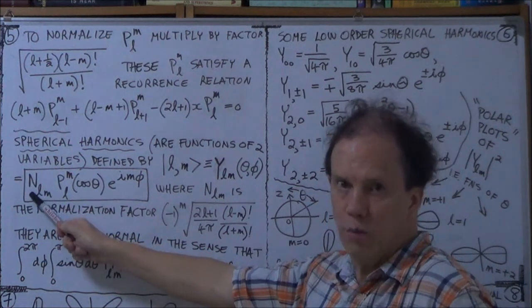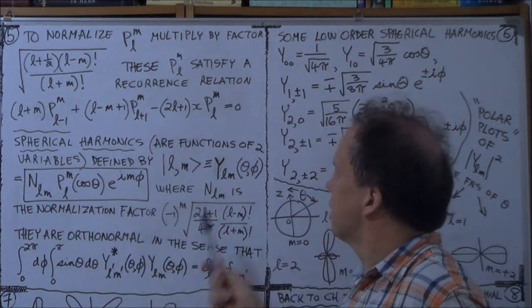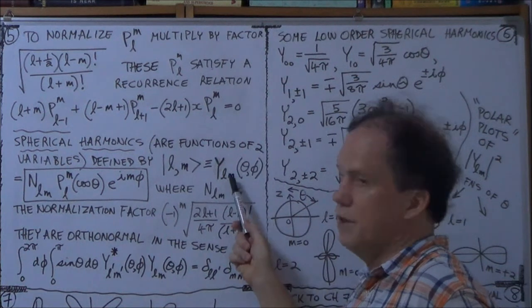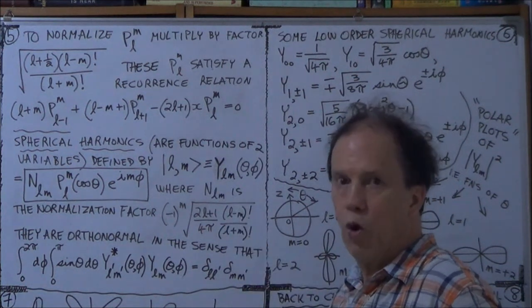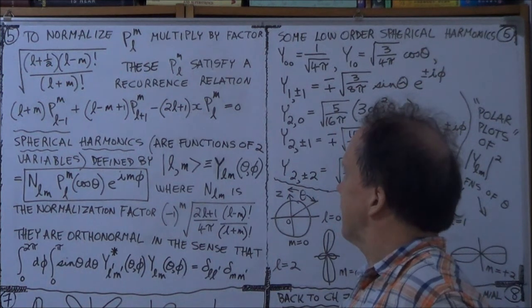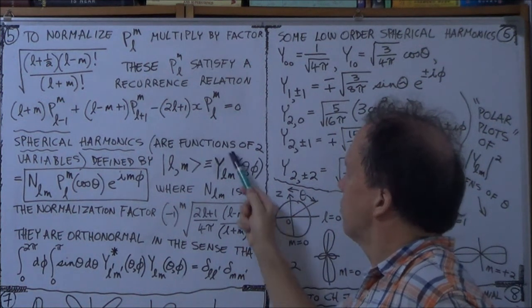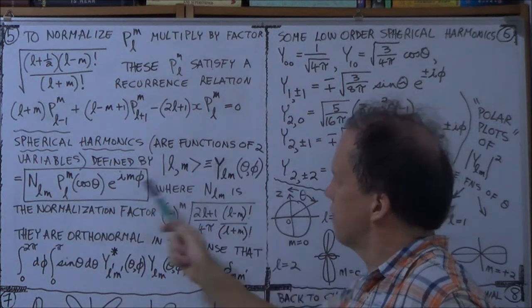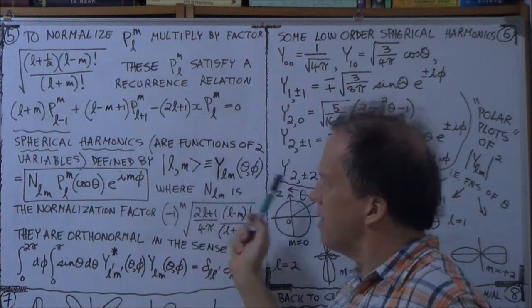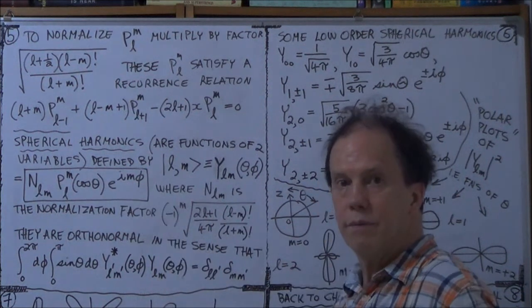This is just a normalization constant, such that you can make these spherical harmonics orthonormal, normalized. So this capital Y_Lm is defined, well, it's just this. This Y_Lm is a spherical harmonic, by definition.